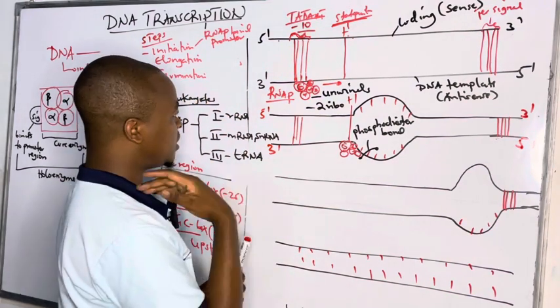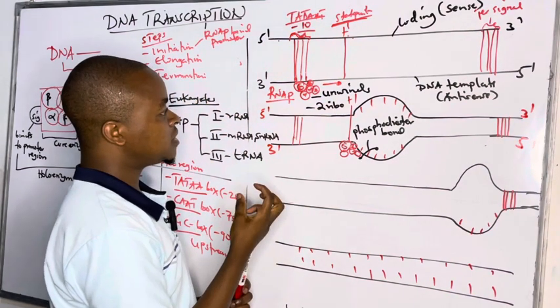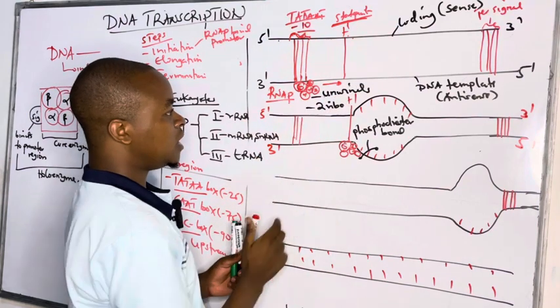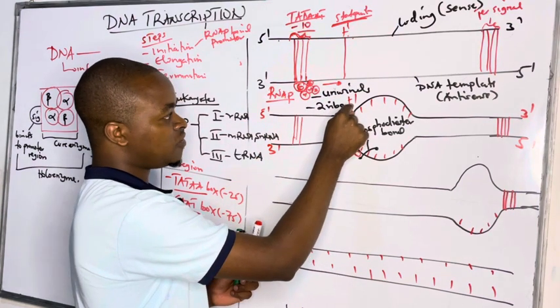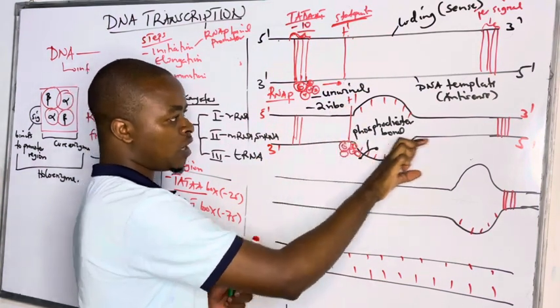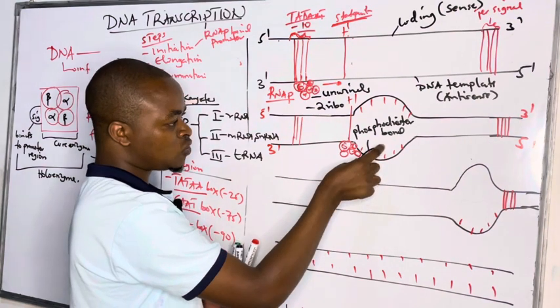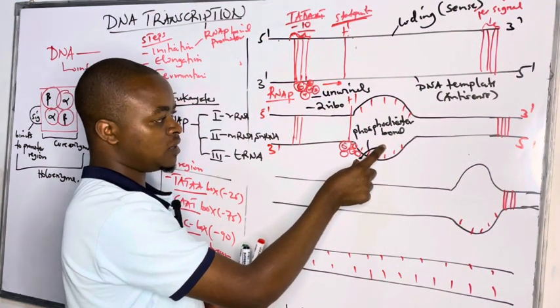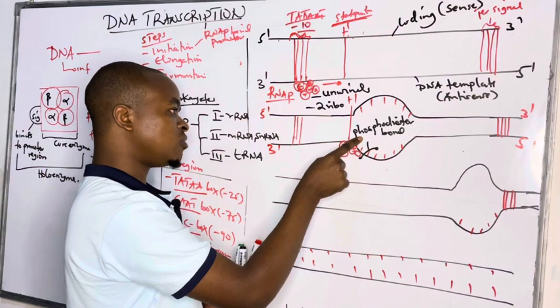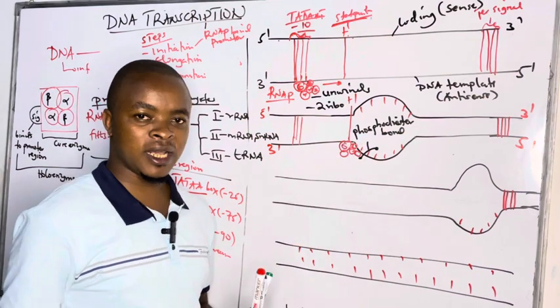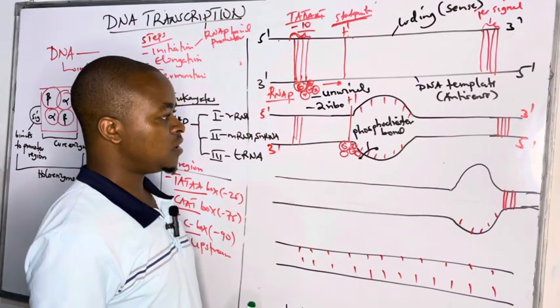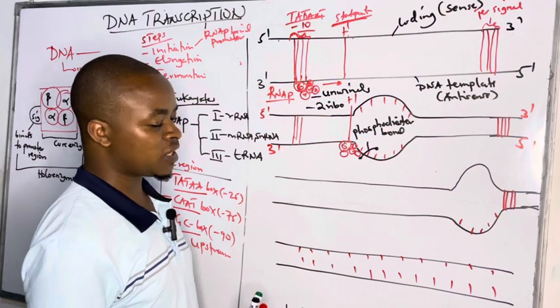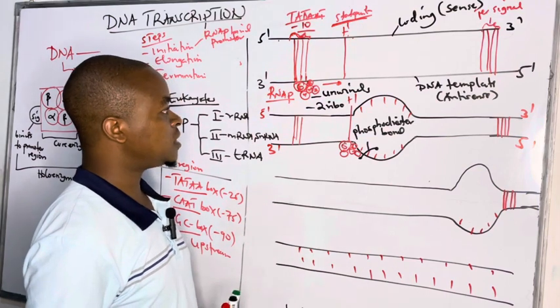So after it has initiated, it moves along until it reaches the start point at positive number 1. Then it moves downstream and adds the first two ribonucleotides and facilitates the formation of the phosphodiester bond, which is going to be the precursor for the elongation step.